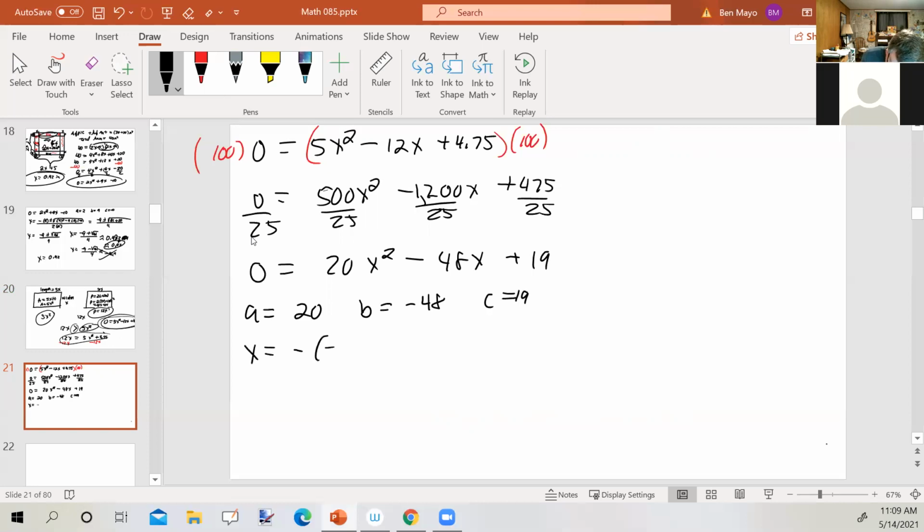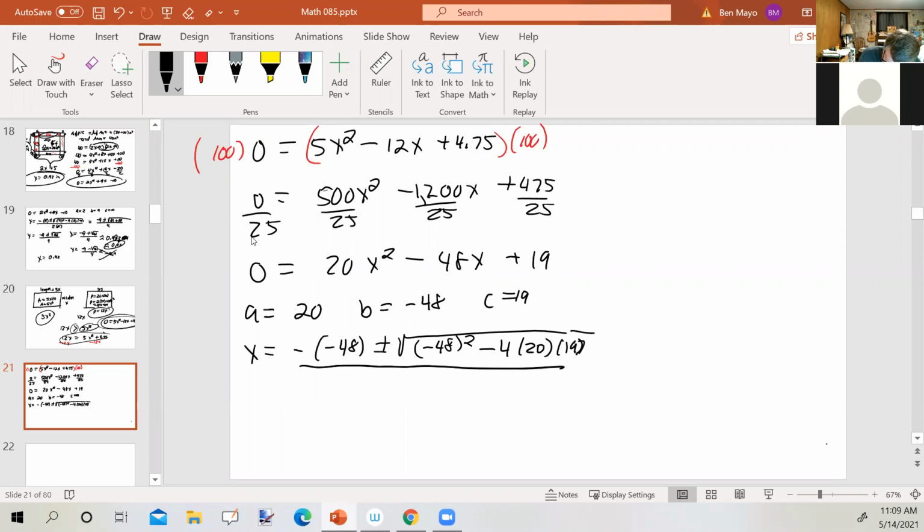X equals negative B plus or minus the square root of B squared. Notice the negative is inside the parentheses. The whole thing is B. So when I square that, it's going to be positive, minus 4AC, all over 2A.